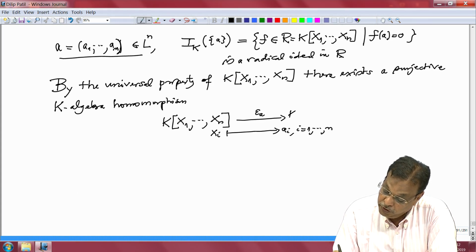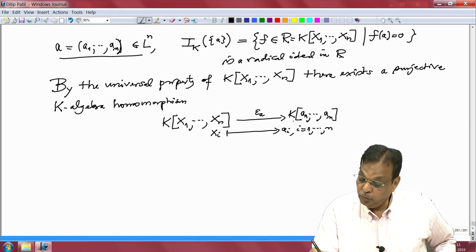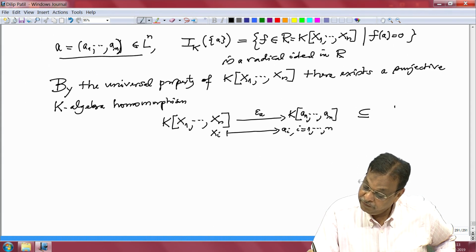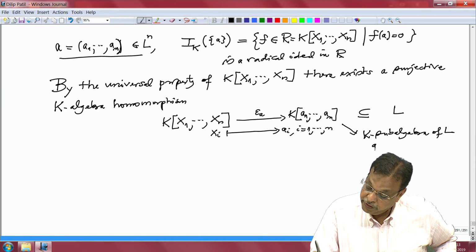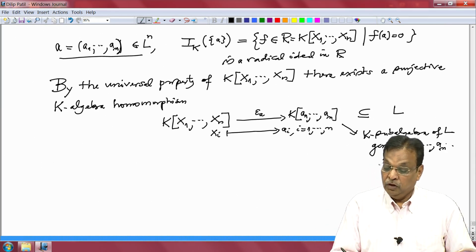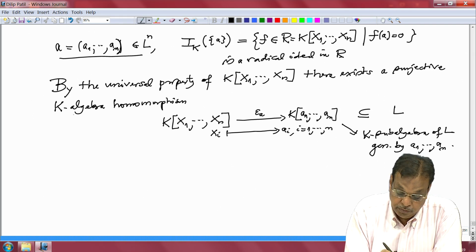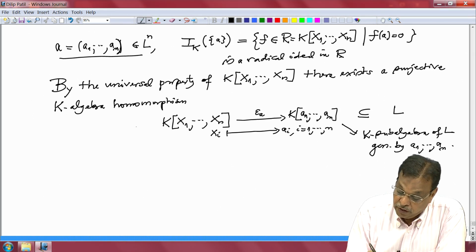And where is it going? K adjoin the elements a_1 to a_n. What does this have to do with L? This is obviously contained in L. This is in fact the K-subalgebra of L generated by these points a_1 to a_n. So this is a surjective K-algebra homomorphism. And what is the kernel?